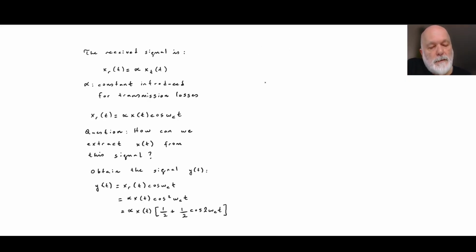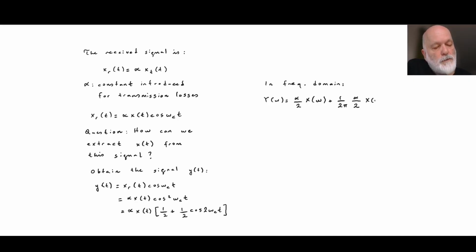In frequency domain, okay, y of omega will be equal to alpha over 2 x of omega plus 1 over 2 pi coming from the modulation property. And we also have alpha over 2 as a multiplier.